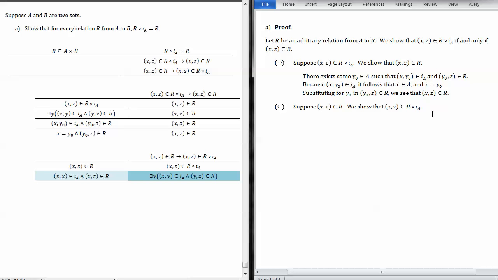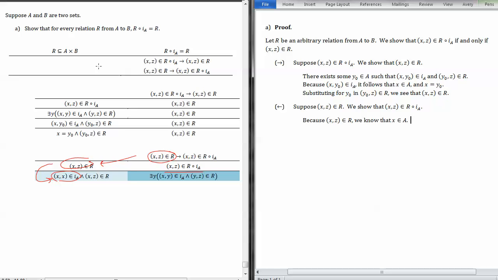So how do we explain that? Well, first of all, as I said, suppose x, z is in R, so direct proof gets us there. That's our new goal. All right, and then from here, I can just say because x, z is in R, I know that x is in A, right? And if I know that x is in A, then I know that I have that ordered pair in the identity on A. So because x, z is in R, we know that x is in A, right?